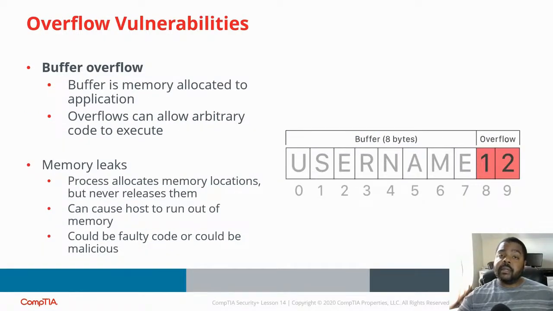Now, when we're talking about developing an application in-house, we're talking about building code. And like I said before, we want that input validation. We want to make sure that code is actually validated by someone else who did not write the code. This way we could prevent things like buffer overflow, where we want a set number of characters to only go into our, let's say, username field, right?